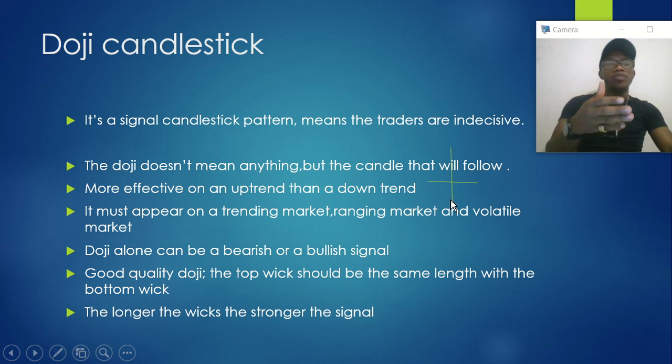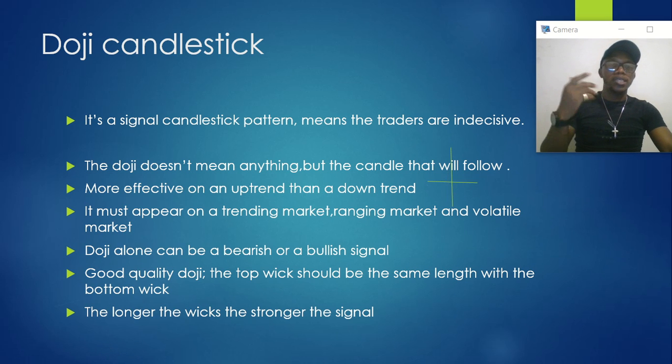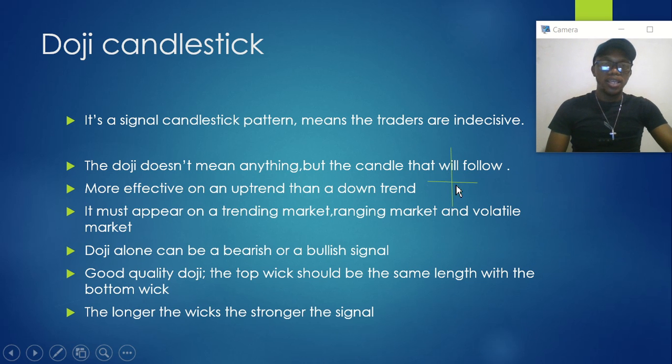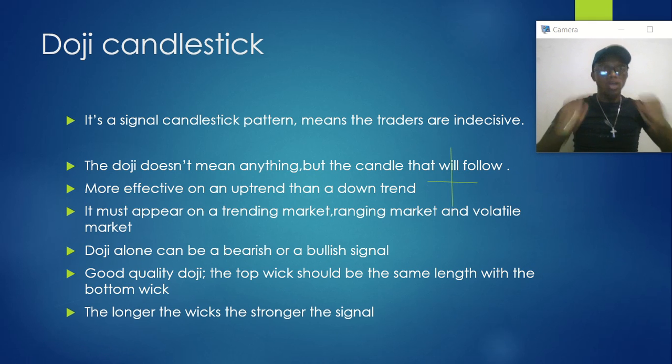You see my diagram here. You don't even need to measure this, because if you just observe it with your own eyes, definitely you will see that both the top and the bottom wicks are the same. So that is good quality. The longer the wicks are, the stronger the signal is going to be. So take note of that.